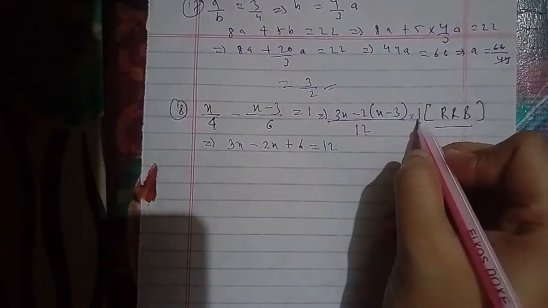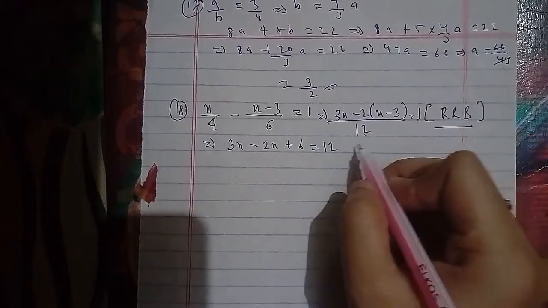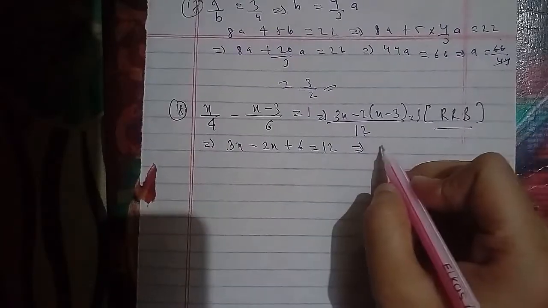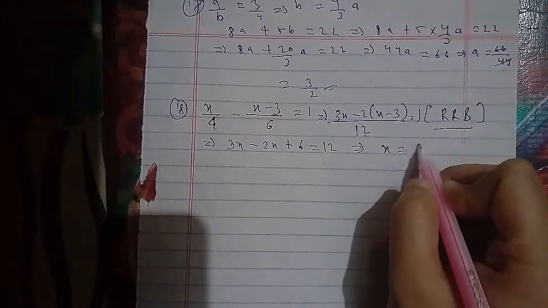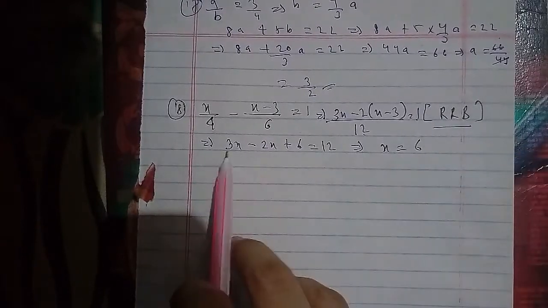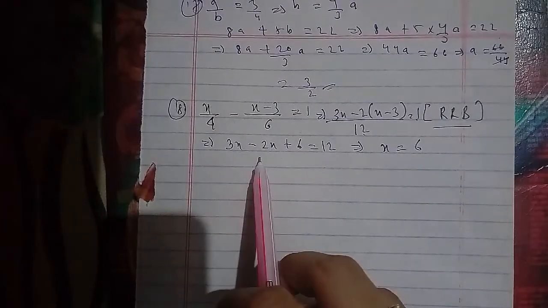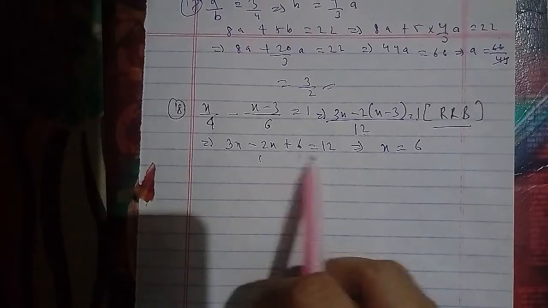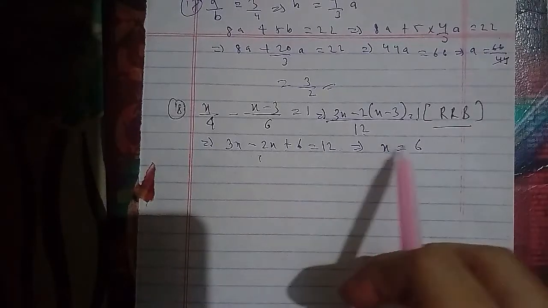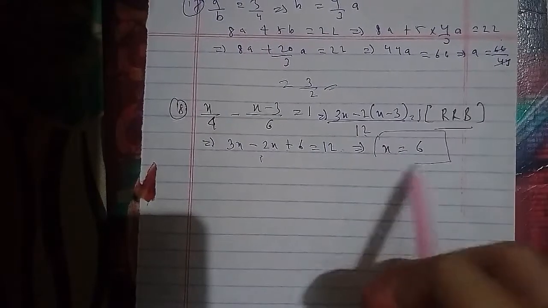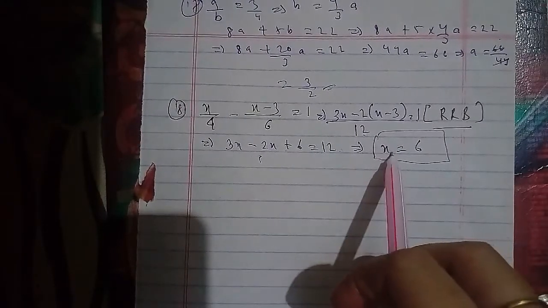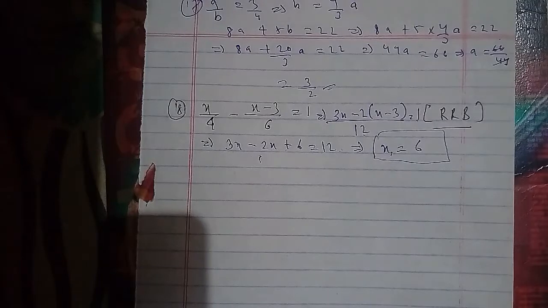This 6 goes towards the right hand side, so x equals 12 minus 6, which is 6. 3x minus 2x is x only, and the answer is x equals 6, which will be the right answer for this question as well.